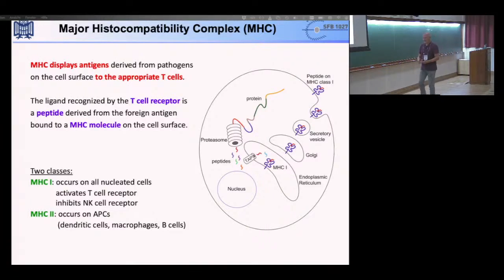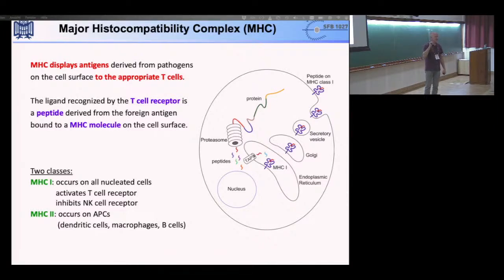So what is the function of T cells, and what is the difference between natural killer cells and T cells? T cells look for foreign antigens. With the mechanism I have described, you generate a huge amount of keys which only fit unknown locks.